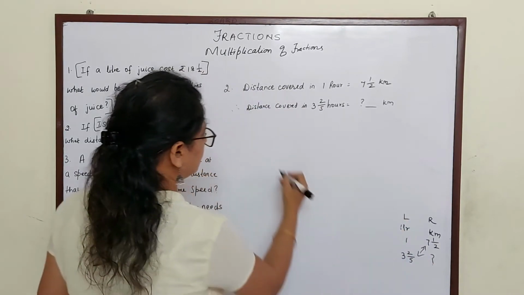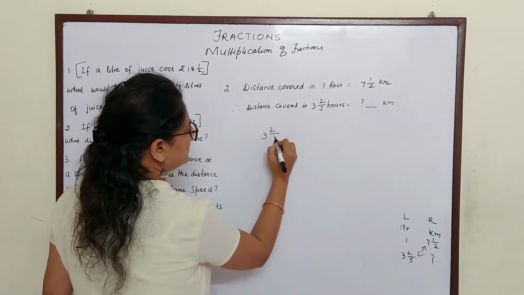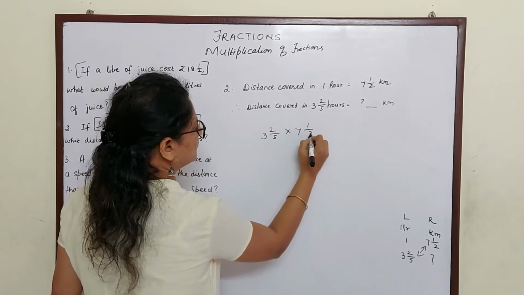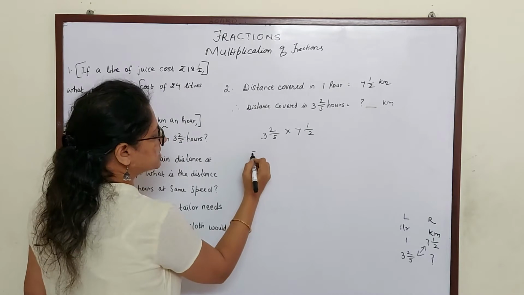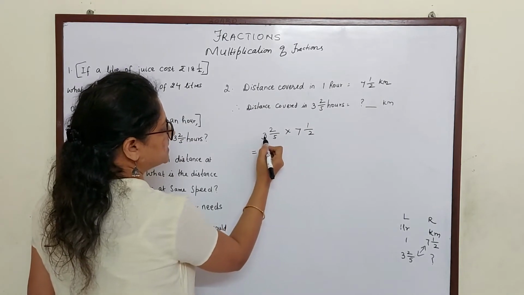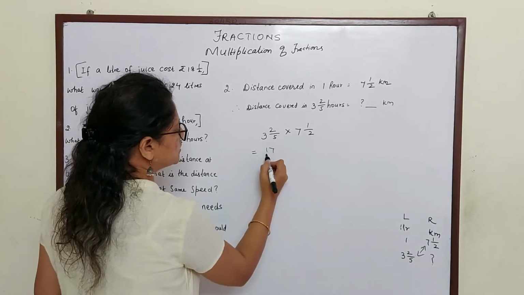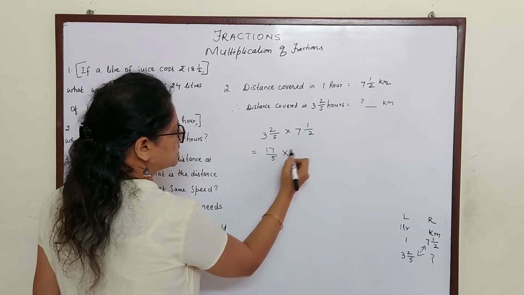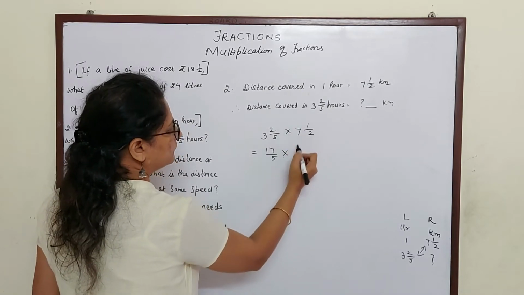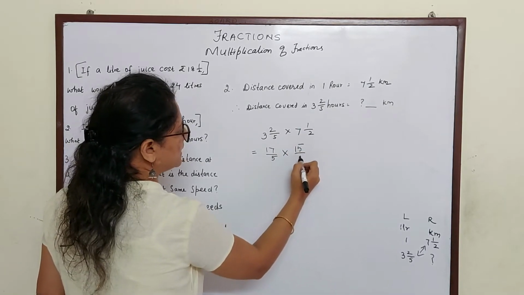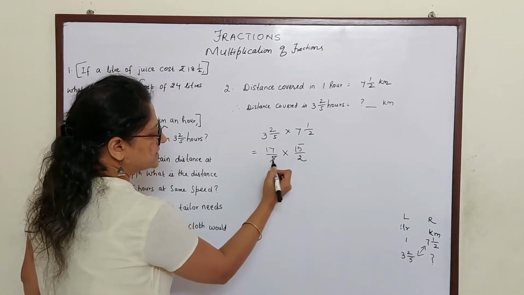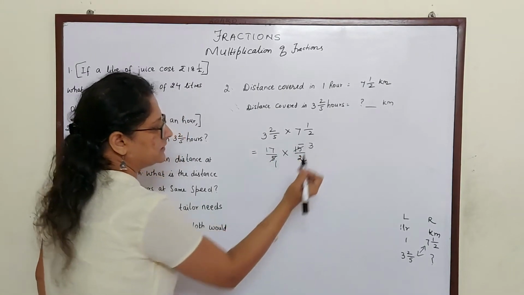So cross multiply 3 2 by 5 into 7.5. I am converting the mixed fractions, children. 5 3s are 15, 15 plus 2, 17 by 5, into 2 7s are 14, 14 plus 1, 15 by 2. So 5 1s are 5, 3s are... That's all.